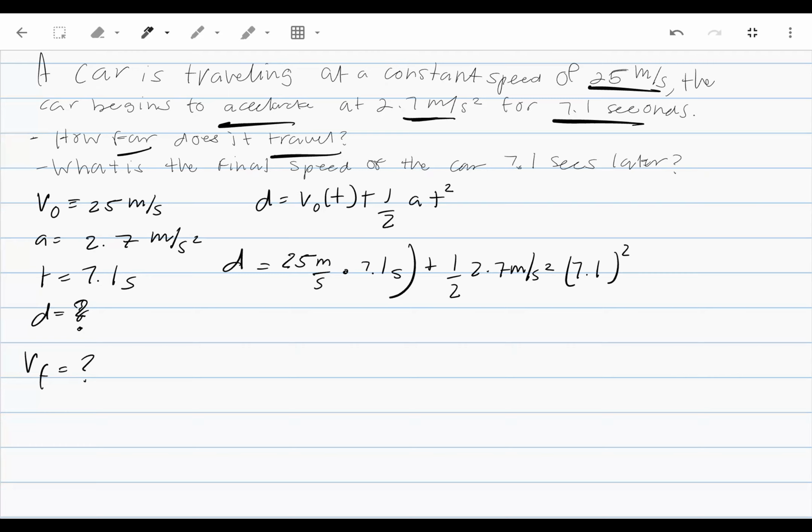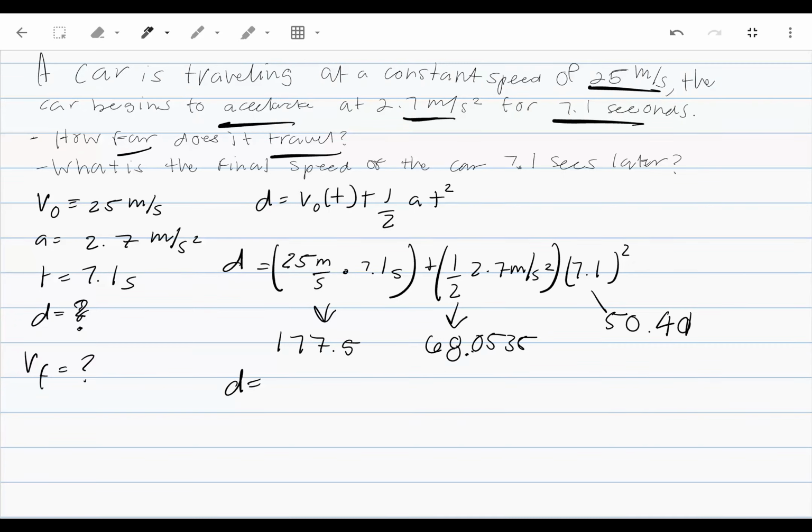I would handle this first, which gives you 177.5, and then you handle this part, which would be 68.0535, and then this last part, which is just 50.44041, depending on the rounding, which would give you the total distance of 245.5.